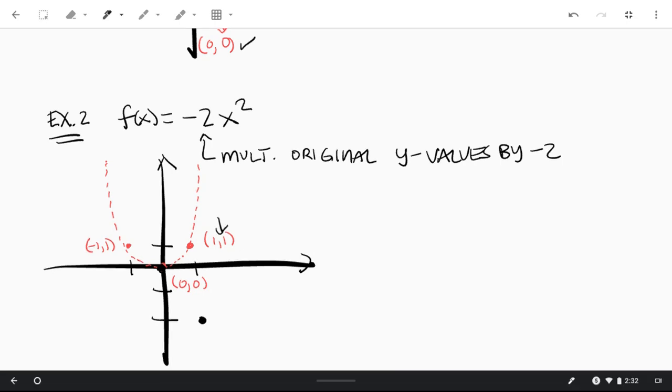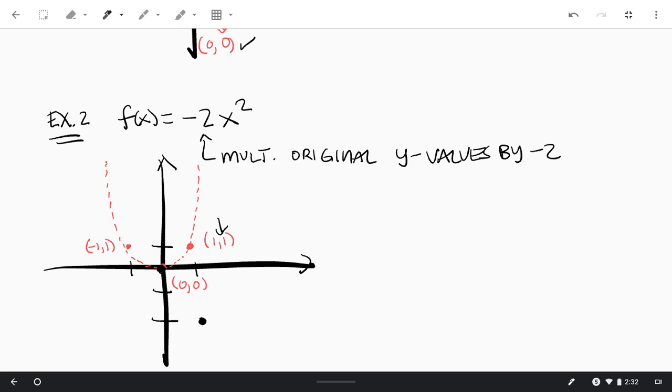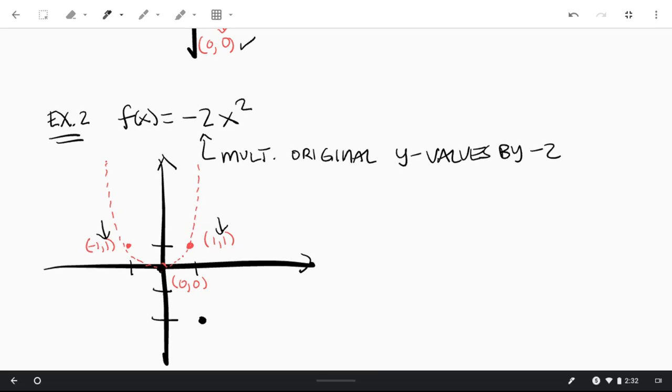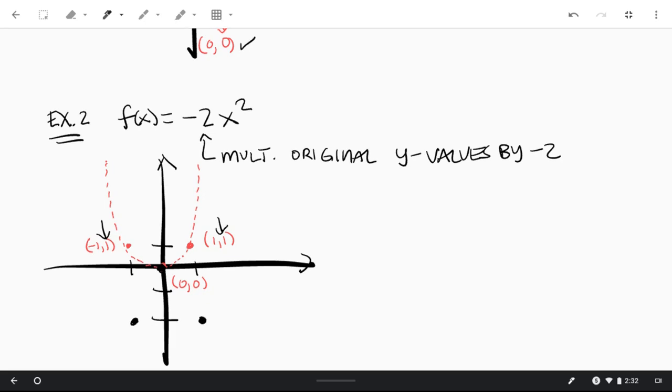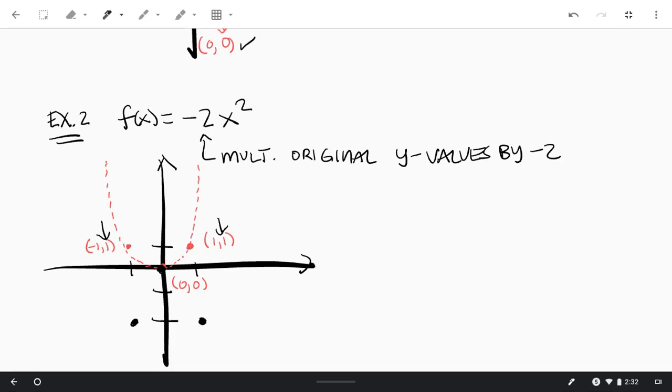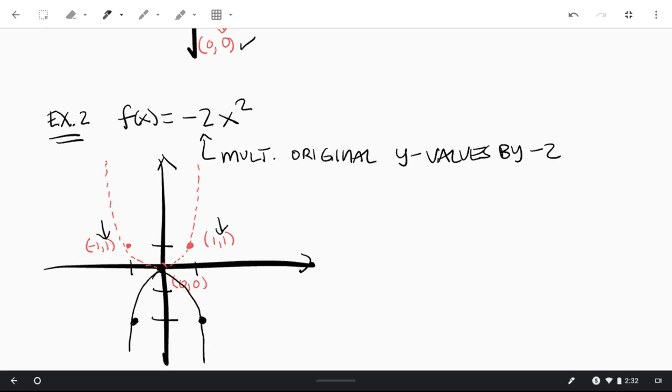Okay, so only the y value gets multiplied by -2. Over here, only the y value gets multiplied by -2. So I get the new point, -1, -2. So these are my 3 points. And this is my parabola. Okay.